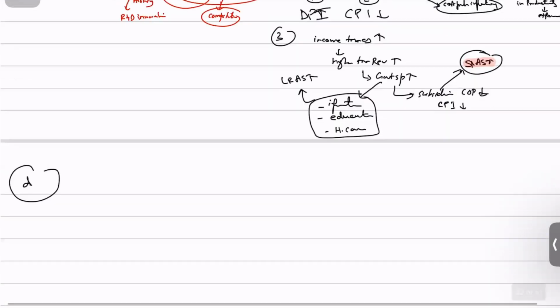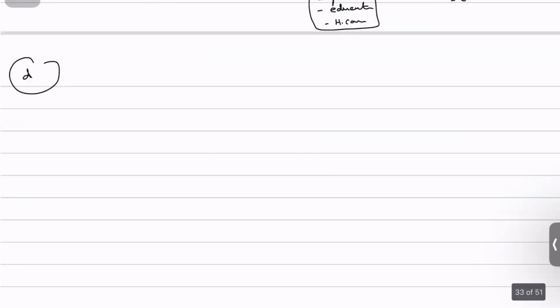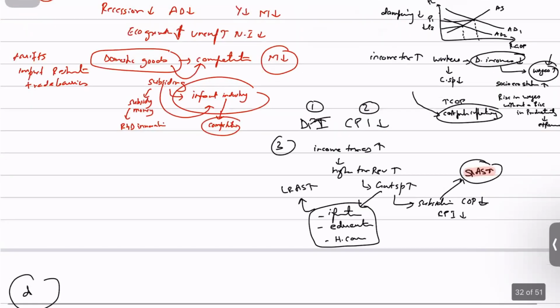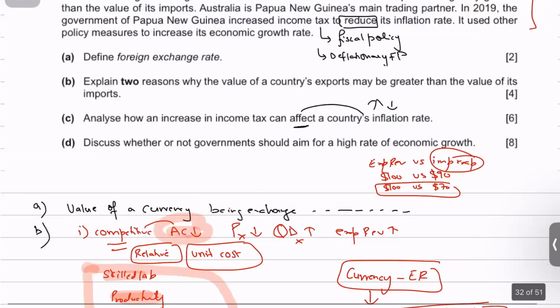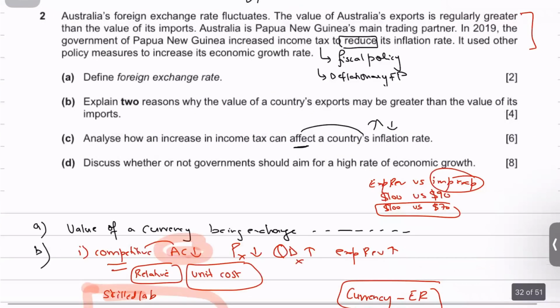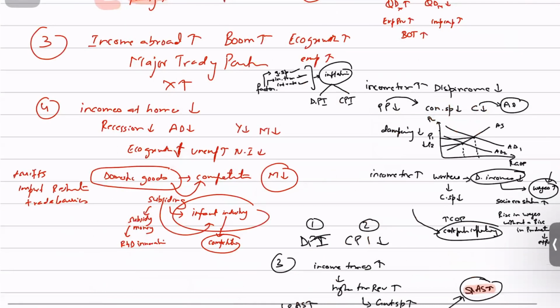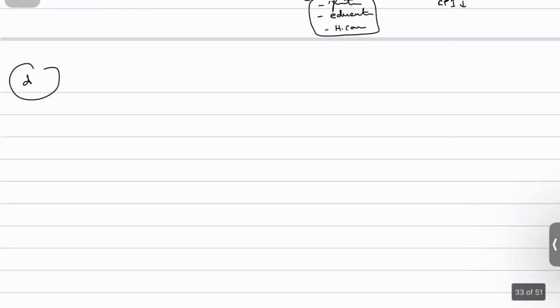Then after a nice introduction and a definition of economic growth, you'll transition your essay to the second paragraph and say that government should definitely aim for a high economic growth because it has various potential benefits for an economy.